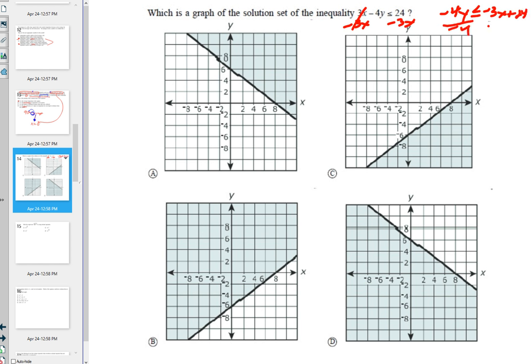Once I divide by negative 4, besides knowing how to divide, what else do I have to know how to do? If I divide by a negative in an inequality, what does that mean? I have to flip the inequality sign. So I end up with y greater than or equal to, negative divided by negative is positive, 3 over 4x, and then minus 6.